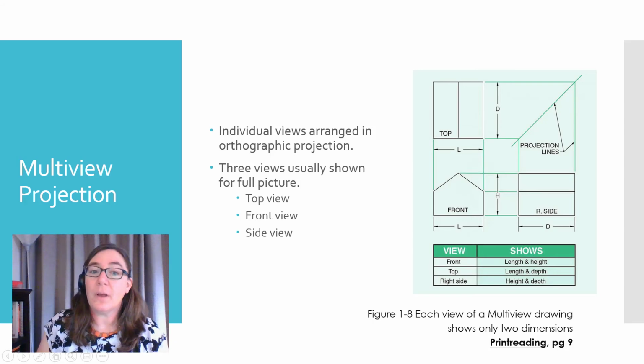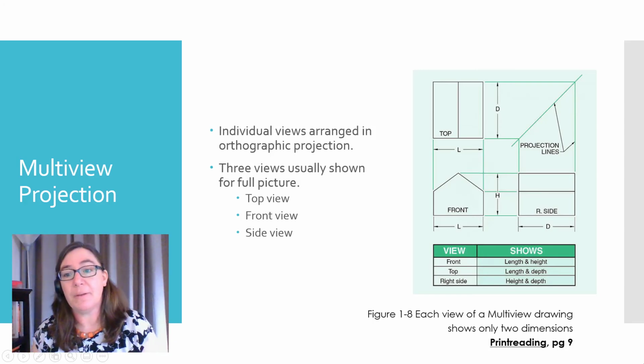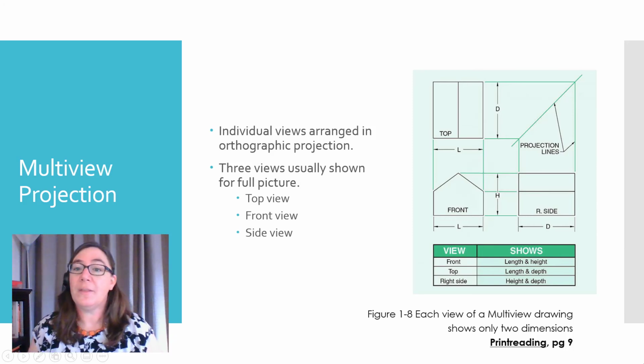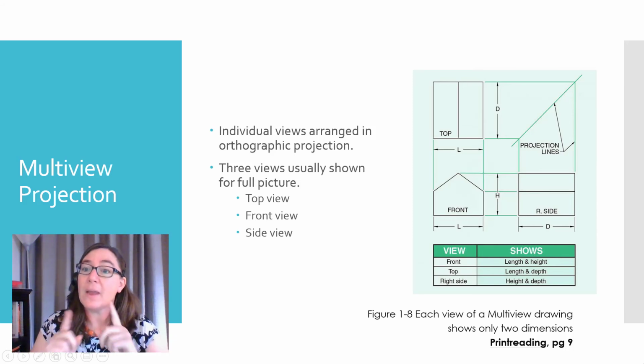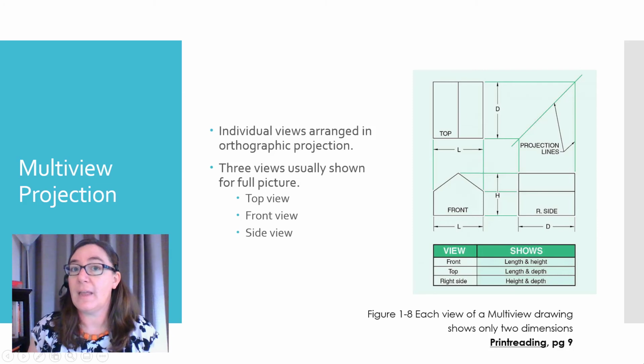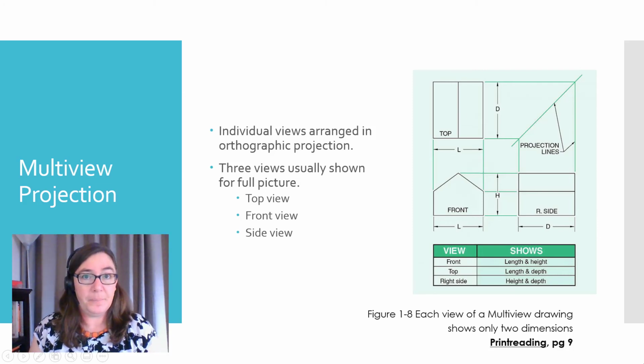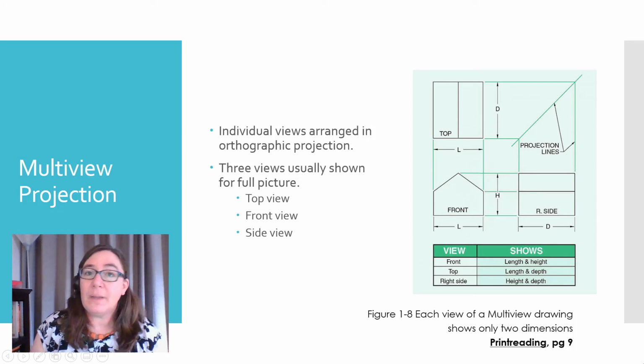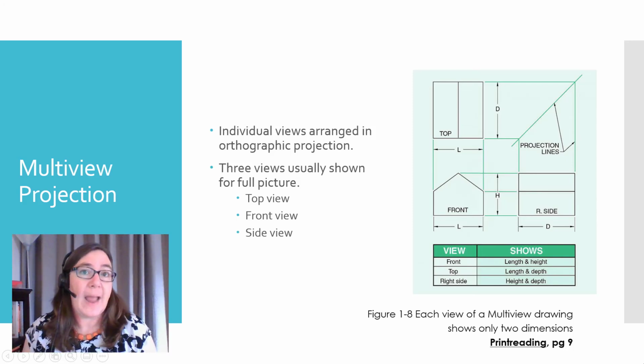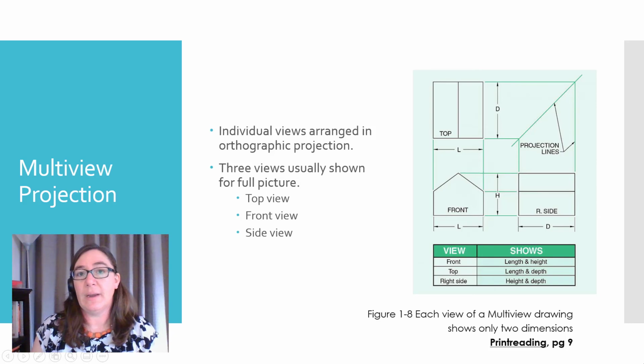Typically, 3 views are shown for a full picture of the item. All right, the top view, the front view, and the side view. Right, and they are arranged specifically as you see on the screen here. All right. If you particularly need another view, of course you can add one. All right, but this is usually enough.